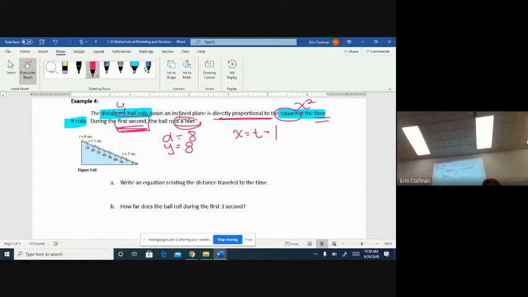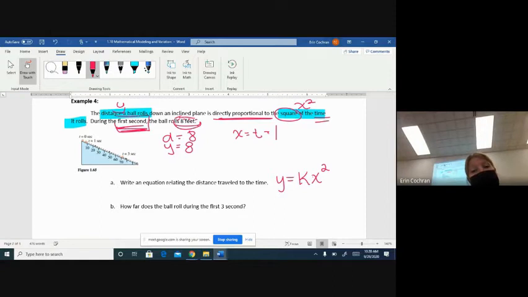Directly proportional. So now, to write the equation, remember, it's y equals k times x, and in this case it would be squared. Now we have to find what to be able to write the equation? The k, we need to find that constant of variation. So let's find that k.